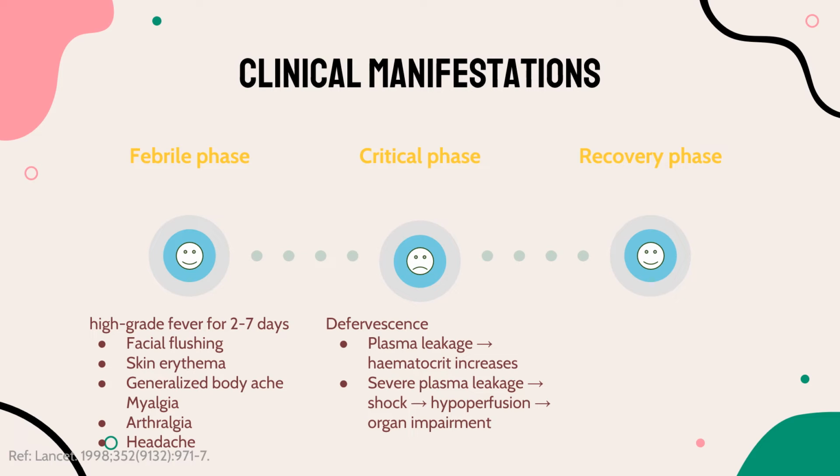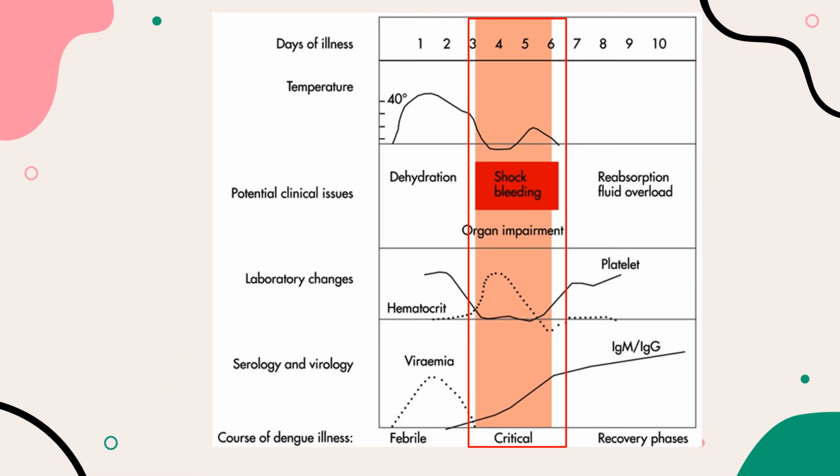Severe plasma leakage can cause shock, then hypoperfusion, lastly organ impairment. In laboratory changes, it's found that platelet is steadily low and hematocrit is peaking.